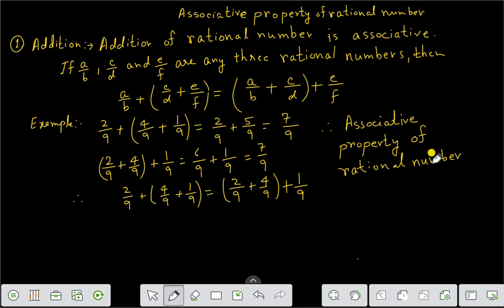Or you can say in this way that associative property is true for addition of rational numbers.